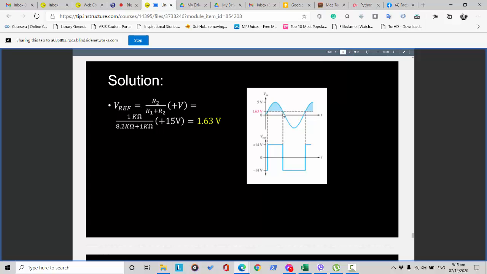This will be the height of the positive sine wave, 1.63 volts. So therefore, at each positive 14 volts and negative 14 volts, the voltage for this particular pulse will be 1.63 volts.